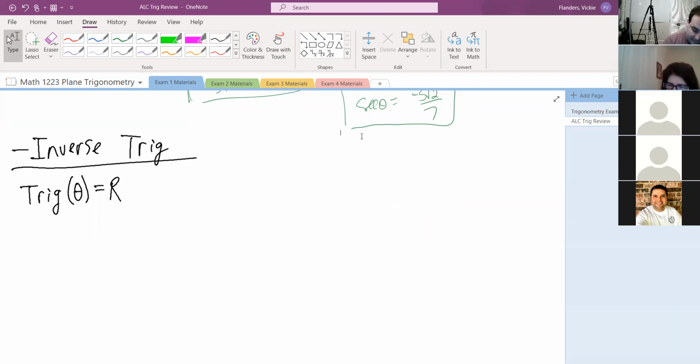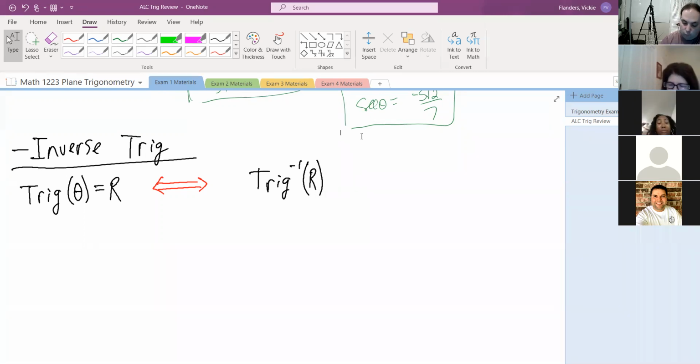Okay. So I can take any trig function and rewrite it as an inverse trig, a lot of times symbolized with a -1 on whatever trig function that is. Notice you do an inverse trig on a ratio, and the result is an angle.